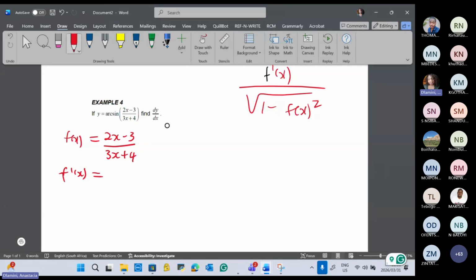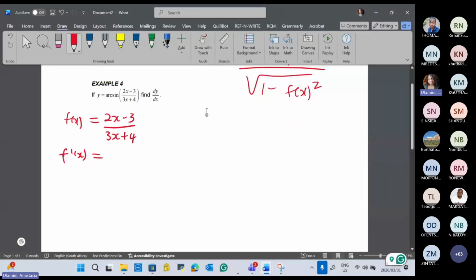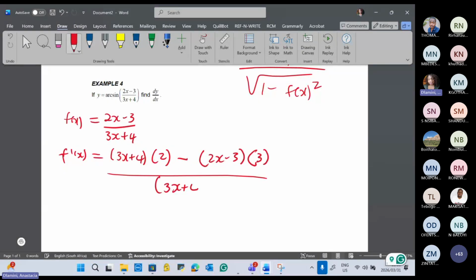You can use the quotient rule, so it becomes easier. So what does the quotient rule say? I take the top, the derivative of the bottom, the bottom, the derivative of the top. So I get 2 times (3x plus 4) minus (2x minus 3) times 3, over (3x plus 4) squared.